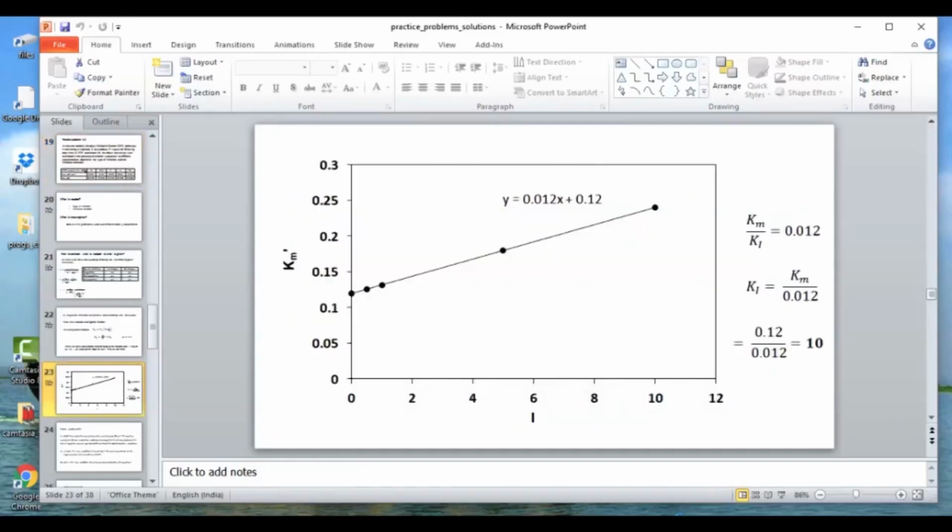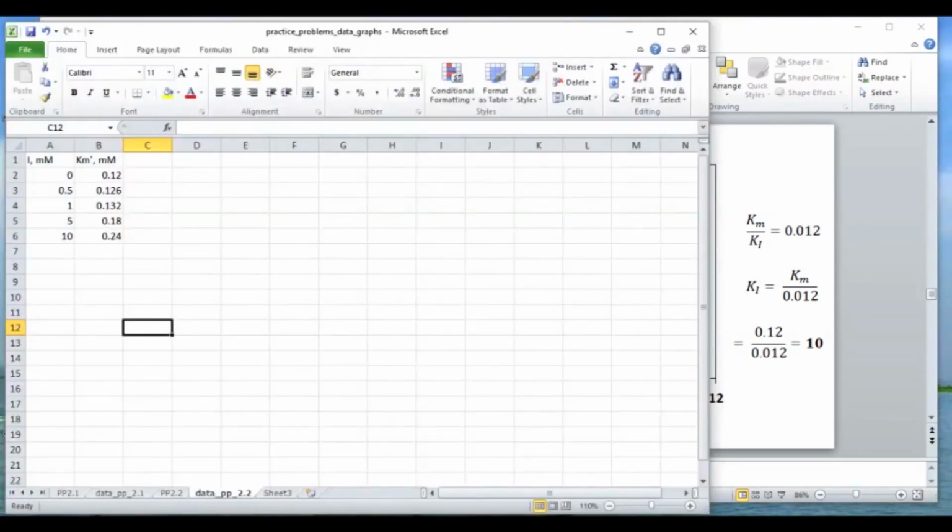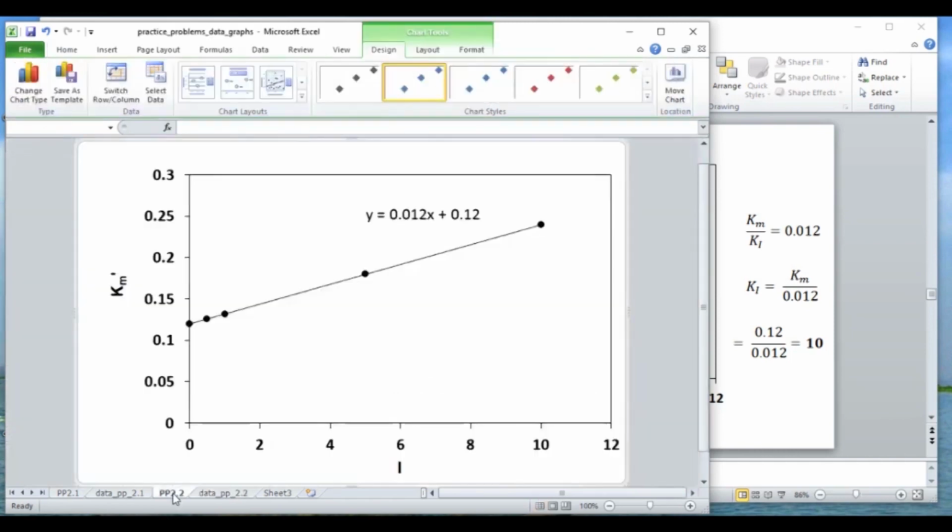Let me show you the working as a spreadsheet. I have I here and Km dash from the table given here. This is for plotting. When I plotted this, I got Km dash versus I as this. The equation was y equals 0.012x plus 0.12. Y in this case is Km dash, x is I, so Km dash is 0.012 I plus 0.12.